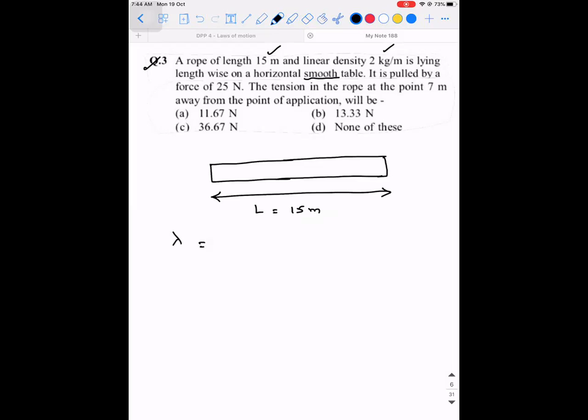It has a linear density of 2 kilogram per meter, guys. It is pulled by a force of 25 Newton, so capital F is equal to 25 Newton. The tension in the rope at a point 7 meter away from the point of application, let's say somewhere over here. What is going to be the tension in this direction? So how to solve this?